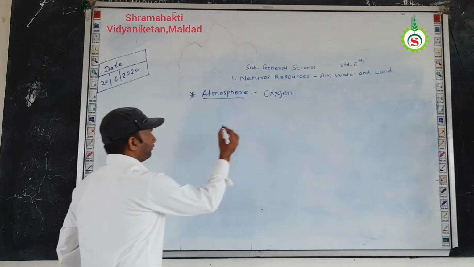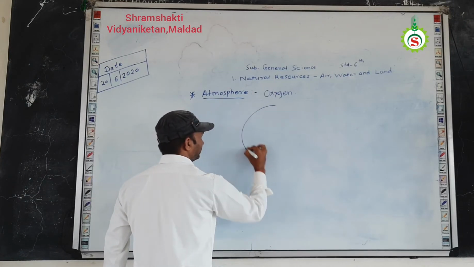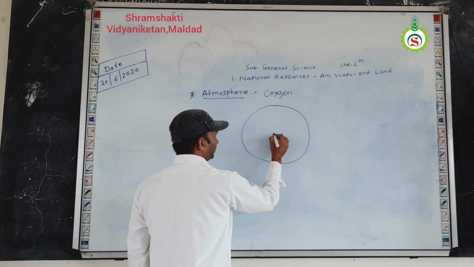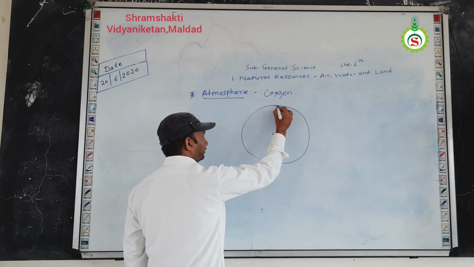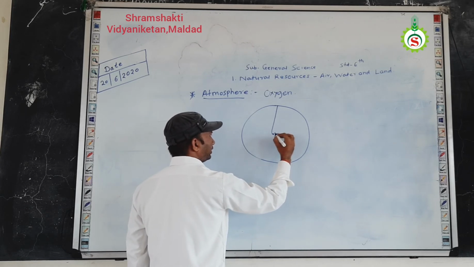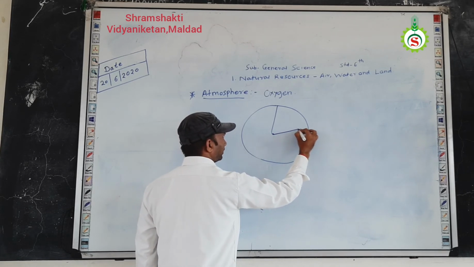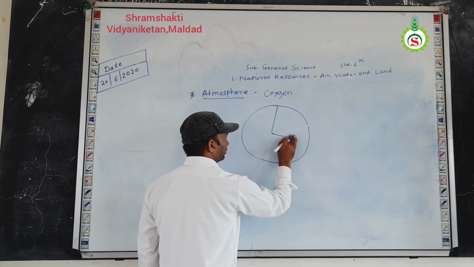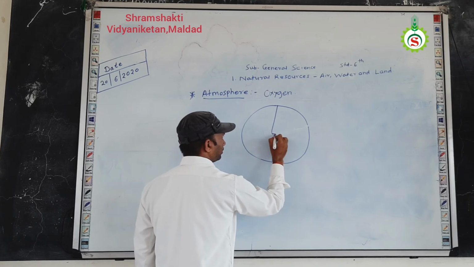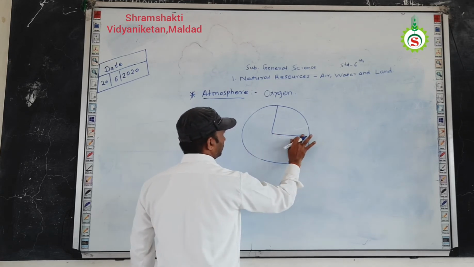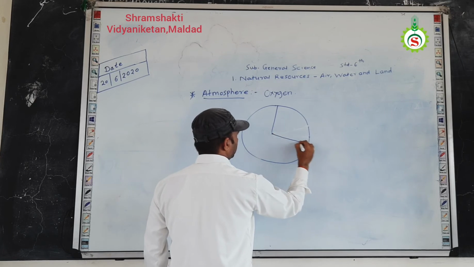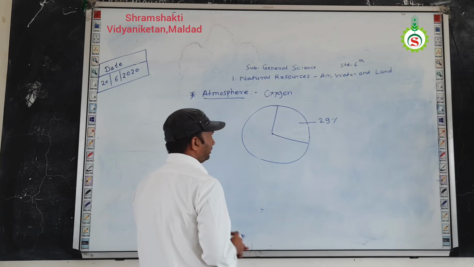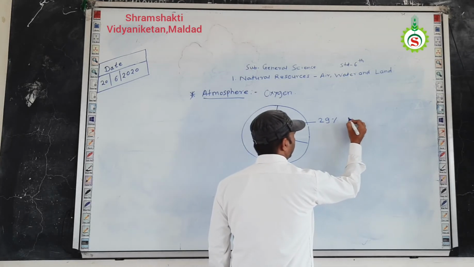Suppose this is the earth, circular in shape, and this is the center of the earth. If we draw the parts of the earth surface, 29% of the total part of the earth is covered by what?